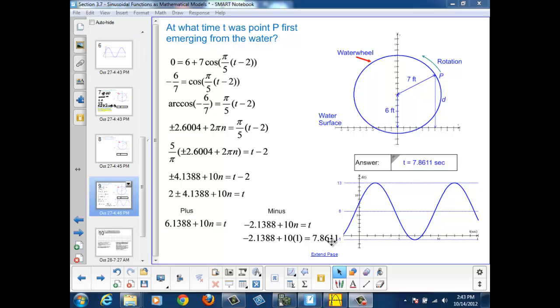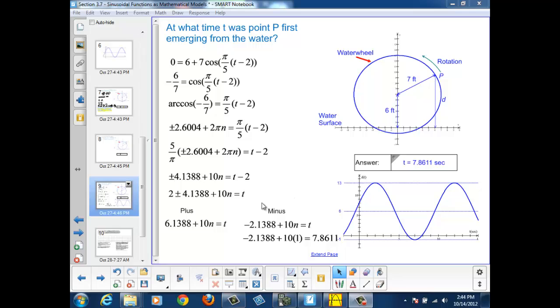Note that this problem could also be solved algebraically. I've laid out the steps here to show you how we could solve for the t value when our height is 0. So you might want to pause and work your way through the steps.